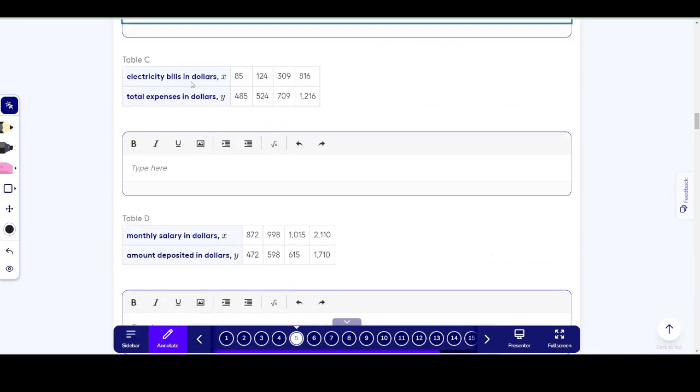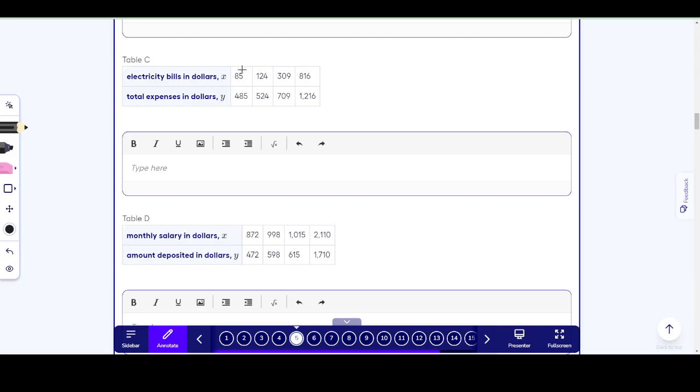Electricity bill. Electricity bill is X dollars. Total expenses in dollars is this. So it looks like the electricity bill is $85, but then your entire bill for the month is $485. Well, that's about 400. That means this plus 400 will give me that. So we know we're going to add 400 to this. If we add 400 to this, we get this answer.